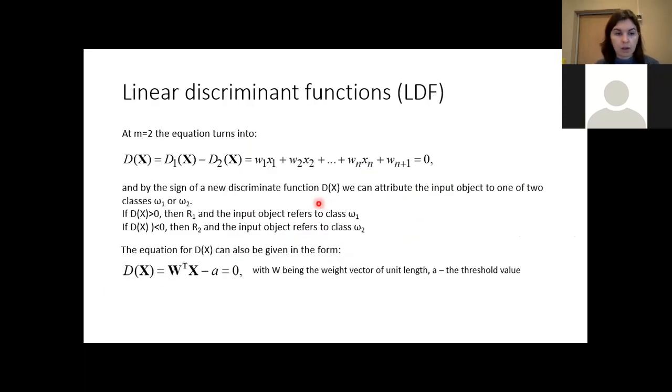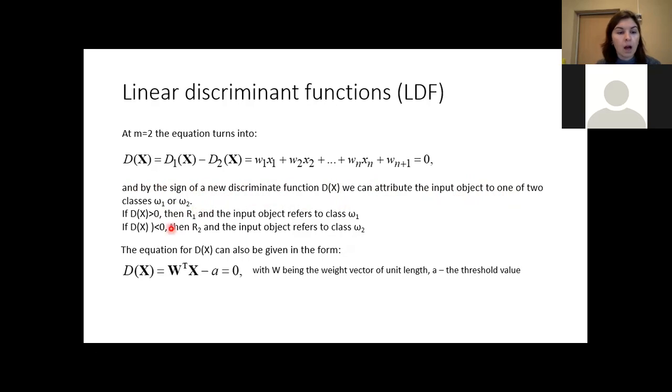If the number of classes is equal to 2, we have a simple equation for a linear plane, and by the sign of the discriminant function we can attribute the input object to one of two classes, 1 or 2.